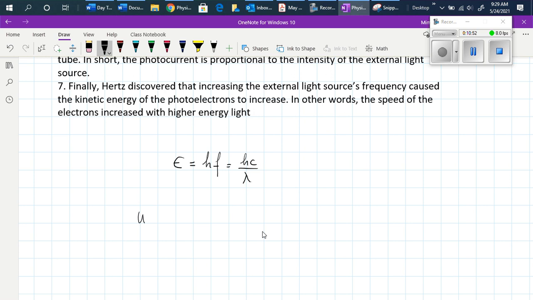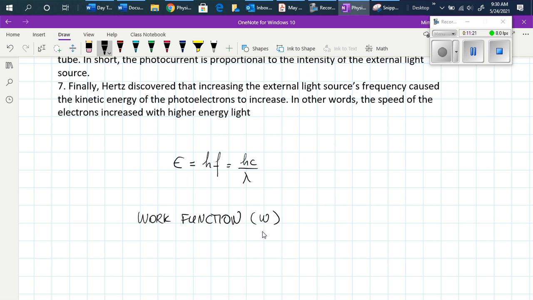Okay, work function is what you need to remove the electron from the structure that it is in. And we know now work and energy are the same, the work and energy principle.